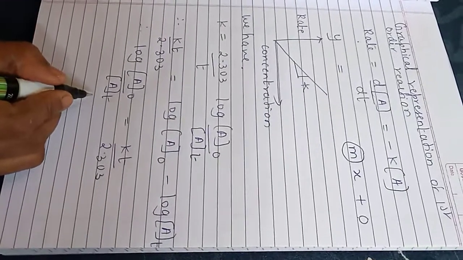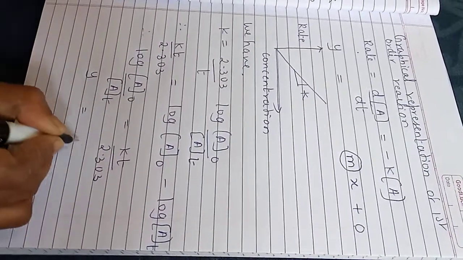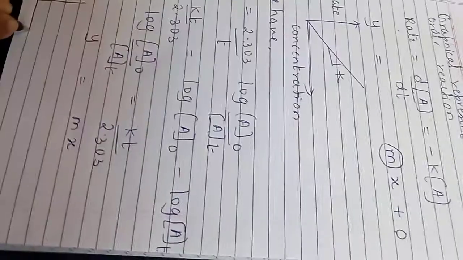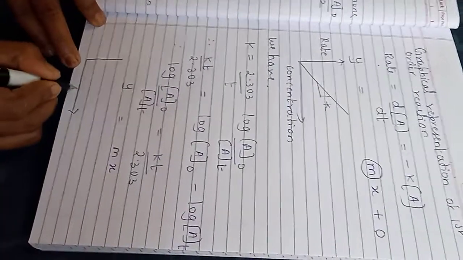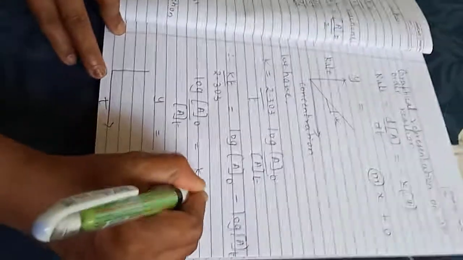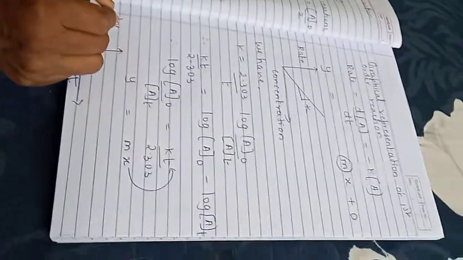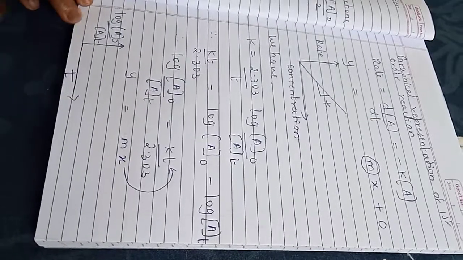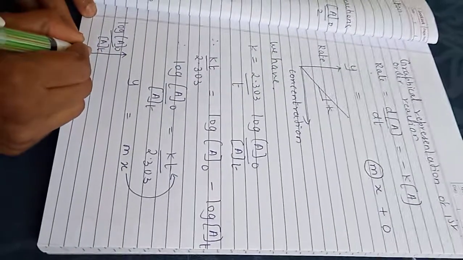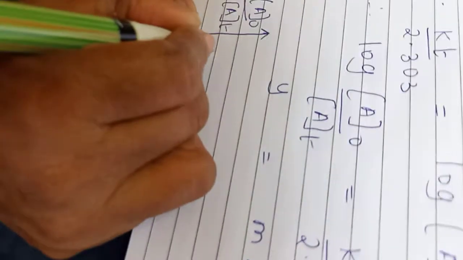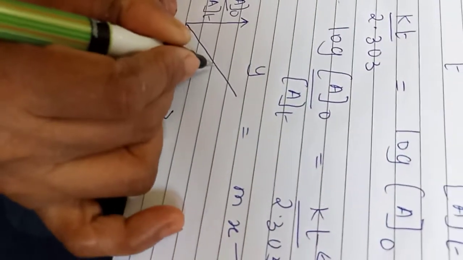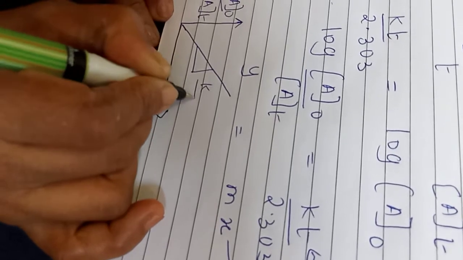Understood, students? Now, y is equal to mx, such that when you plot a graph of time along the x-axis and log concentration of A0 divided by At along the y-axis, you get a straight line with the slope equal to K upon 2.303.